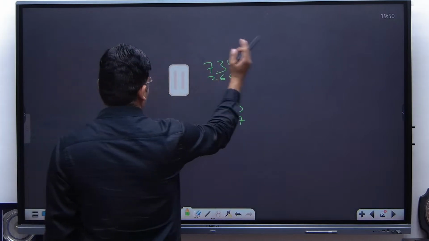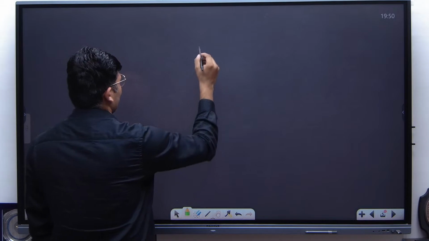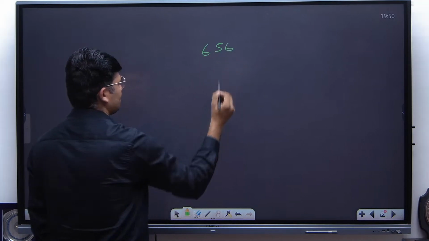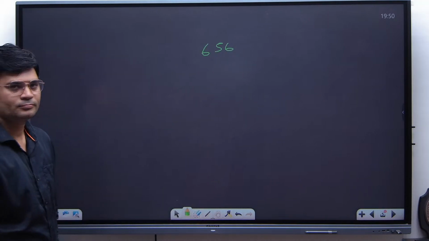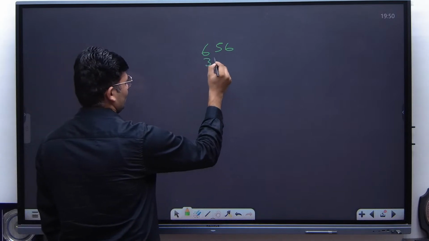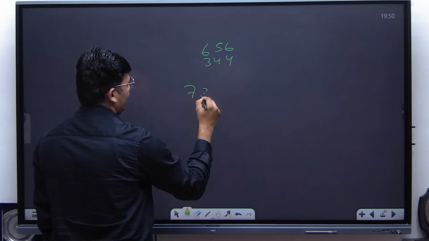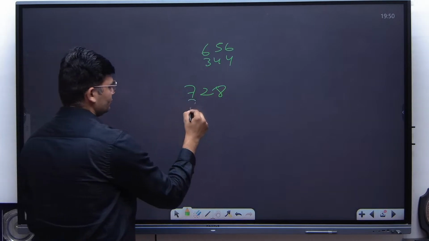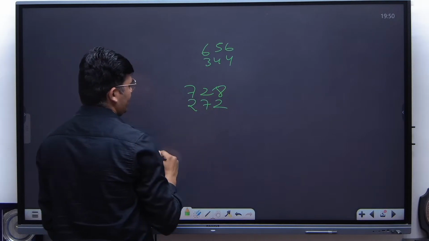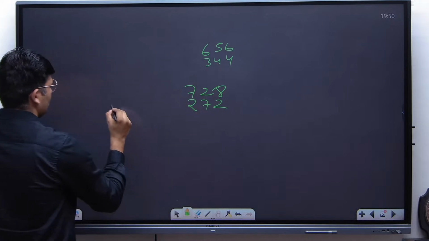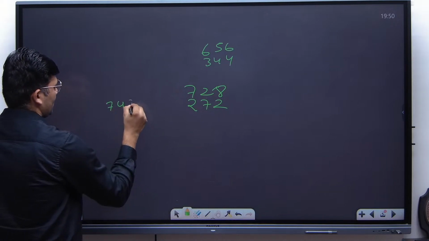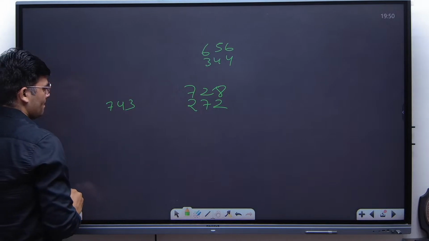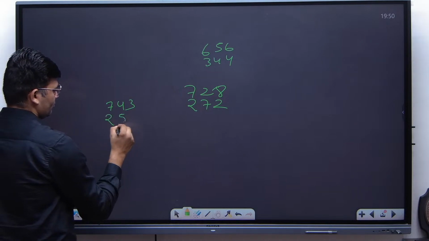Alright. So I am going to write the number for you. So the number is 656. 344. Wonderful. 728. 272. Wonderful. Okay. 743. 257.